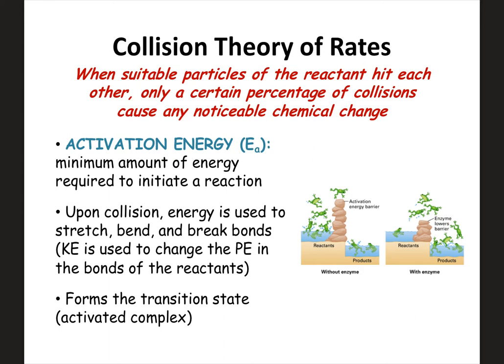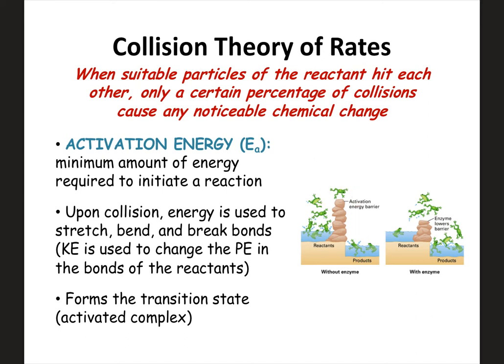So we have kinetic energy here being used to change the potential energy in the bonds of the reactants. And basically what happens is once these reactant particles collide with enough activation energy, we get this transition state or this activated complex. It's kind of like this middle state of when these reactant particles collide. So if you look over here at this picture of the frogs jumping over the rocks, you can see they have to jump with the right amount of energy to get over the pile of rocks.